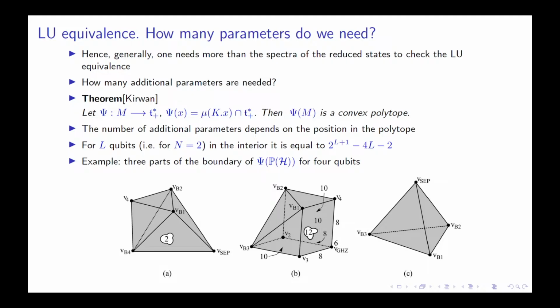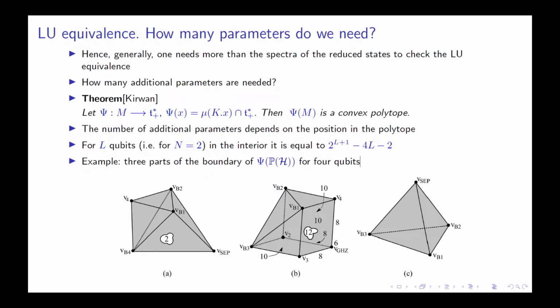For example, this is for separable, this is for GHZ, and these are 3 different 3-dimensional faces. If there is no number, it means that the number of additional polynomials is 0. Inside it's 12, here inside it's 2.